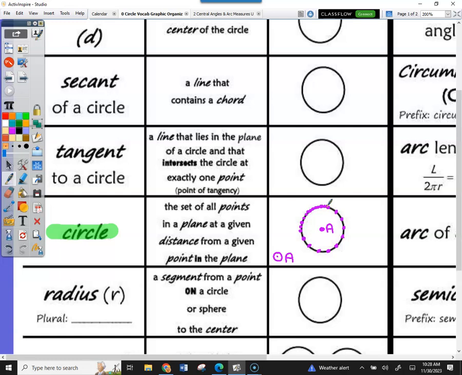Infinite. But I only see 2. Well, those are the 2 you're looking at. A line has so many points that they're so close together, it looks like just a smooth stroke of the pencil, when really it's all those infinite points clustered together. The same concept holds true with a circle. We will draw circles. For example, we're going to draw a circle and we're going to put 1 point on it. That does not mean there's 1 point there. It just means, hey, I want you to look at that point.